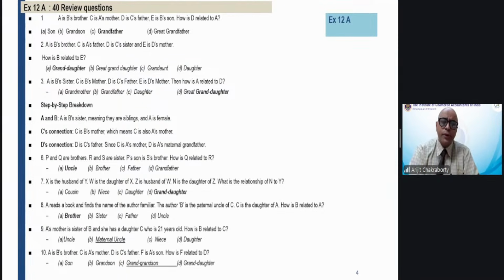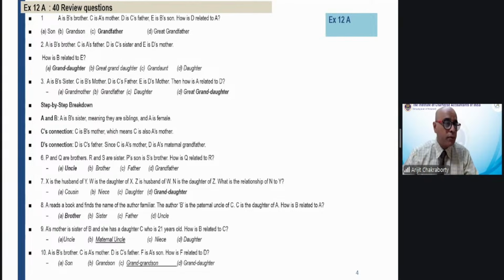So like the previous questions, this one also has multiple generations involved. The question is, how is F related to D? So if you see, F is at the bottom of the pyramid. Like these are family diagrams, in different families in India. Now, we all know that India has always been famous for the joint family structure.